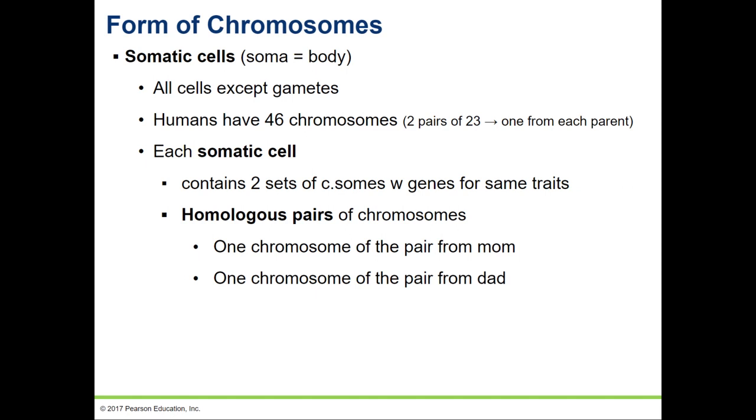And these are going to be paired up with the same information about the same trait. In other words, you get a gene for hair color or eye color from your mom, and you get a gene for eye color from your dad. So these chromosomes that match up this way are known as homologous pairs. They are going to contain the same set of genes for the same traits.